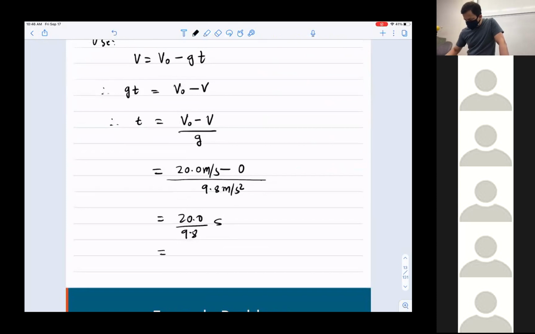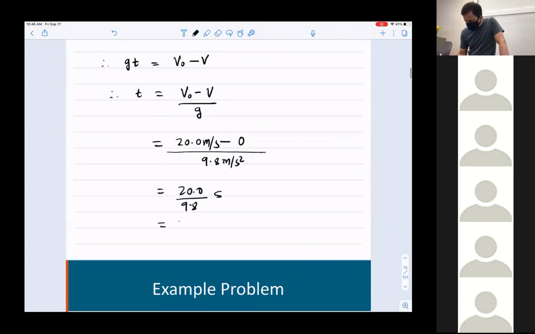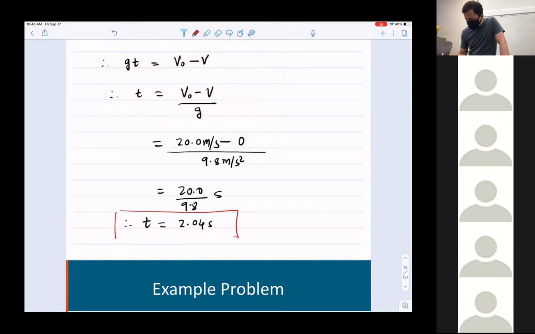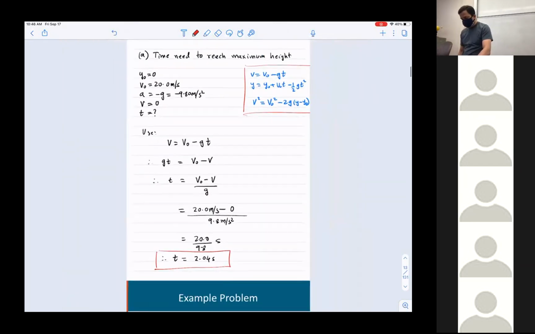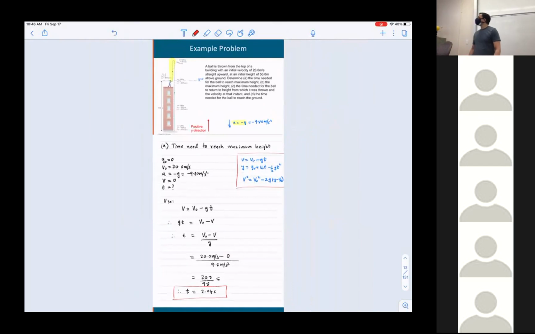And what does that equal to? Let me look ahead. That's about 2.04 seconds. So therefore your t is equal to 2.04 seconds. So we have figured out how long it takes the object to reach its maximum height. Any questions on that?